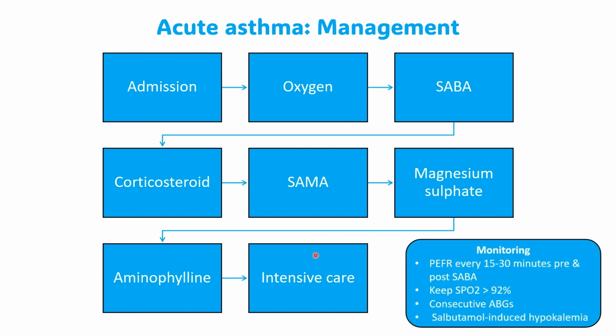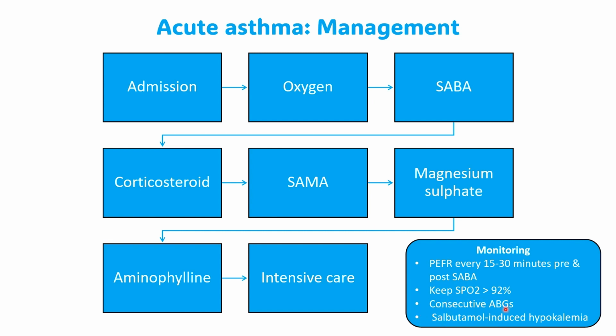In terms of monitoring, we want to be checking the PEFR every 15 to 30 minutes, pre and post salbutamol. We want to try and keep the oxygen saturations above 92%. And then we want to be doing these consecutive arterial blood gases.